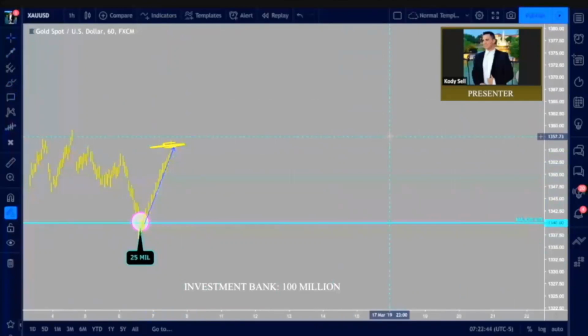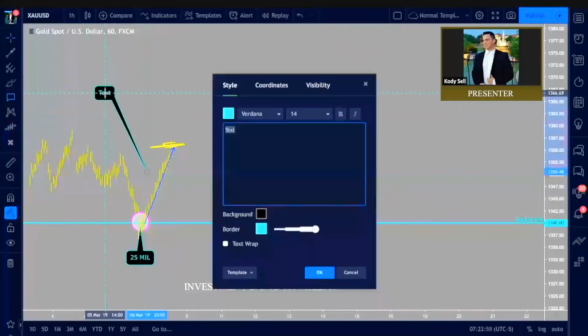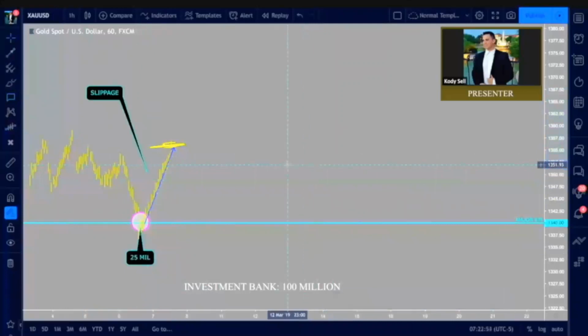No. So what this is called is, go ahead and pull this over here. This is called slippage. So slippage occurs when you carry out a transaction that has so much volume that it actually causes the market to move. It causes price to fluctuate away from that point.